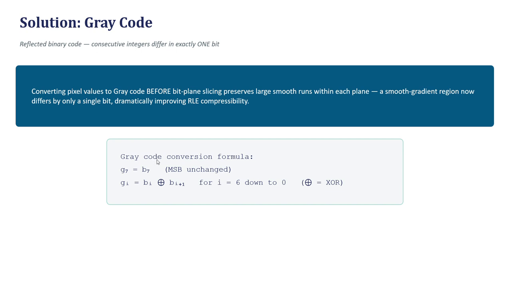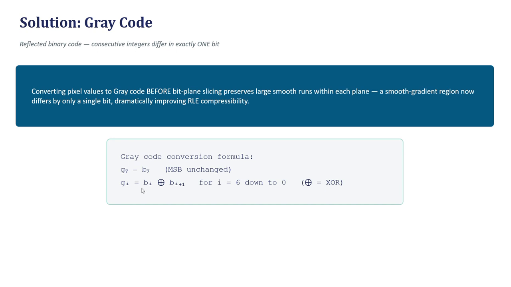To calculate gray code, it is the bit XOR the bit representation of the next higher bit. So the 7th bit, the MSB, remains unchanged, but for the lower bits we have to compute using this operation.